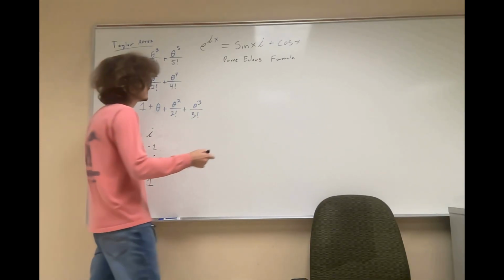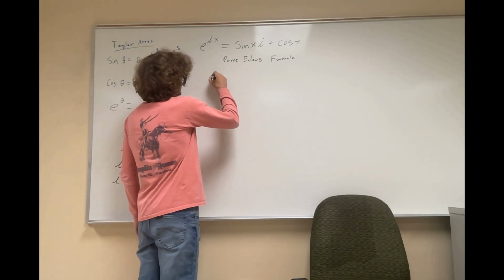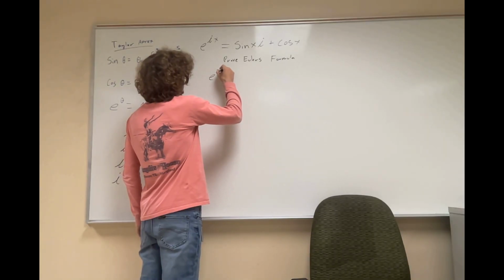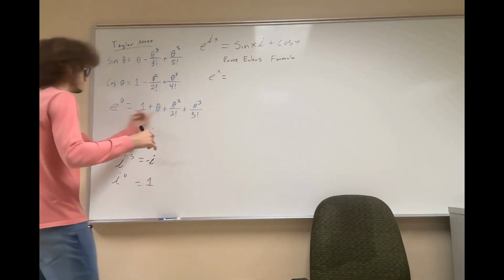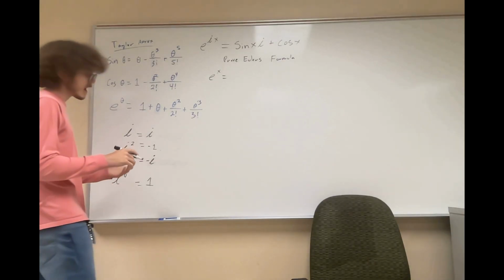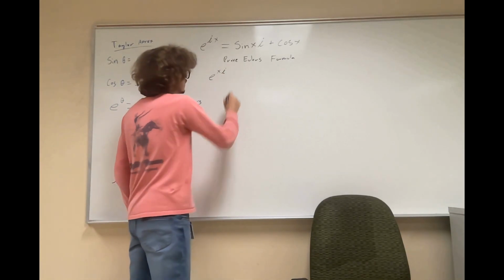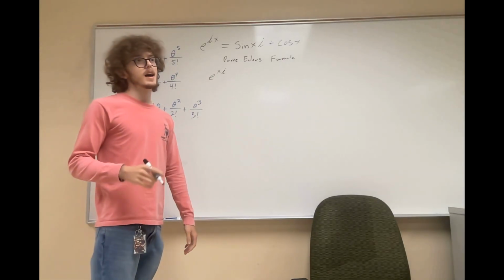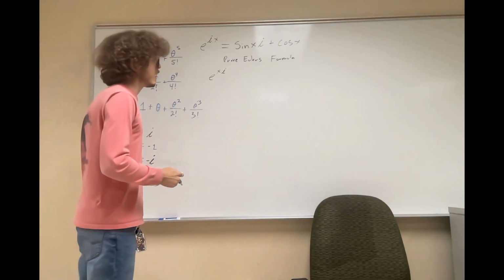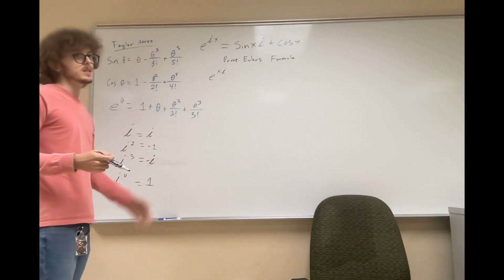We're going to say that e to the x is equal to this here, but we're going to add the imaginary part in. So all we have to do is multiply every term by i to some increasing power of n, which would be the exponent.